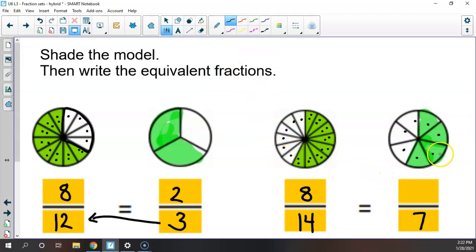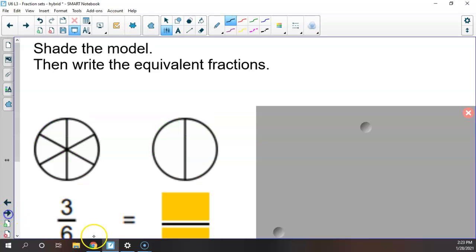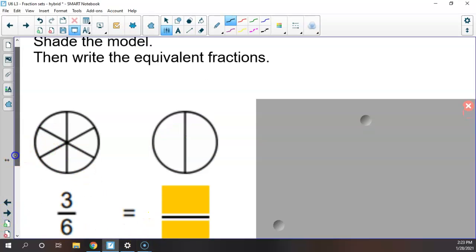So if I write down that 1, 2, 3, 4 pieces out of 7 is equivalent to 8 out of 14. Those are equivalent fractions. And I'm hoping you're noticing something here too. Also, multiples. All right, let's try another one.